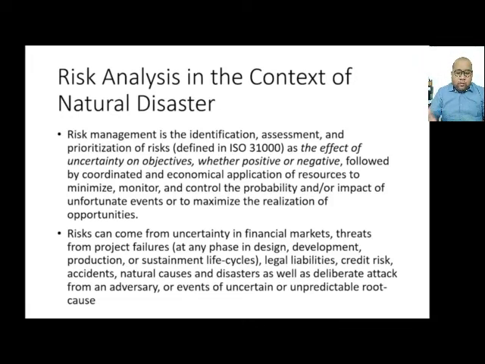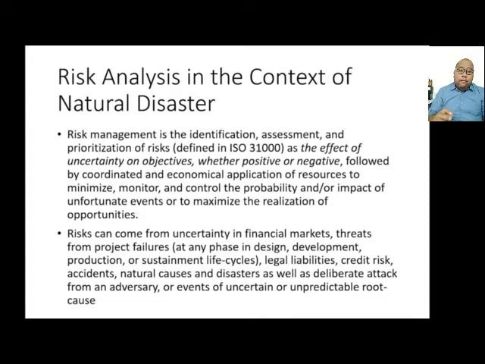So then we go to the risk analysis in the context of natural disaster. So risk management actually is we identify and then we assess and prioritize the risk. Okay, because it is the effect of uncertainty on objectives, whether positive or negative.